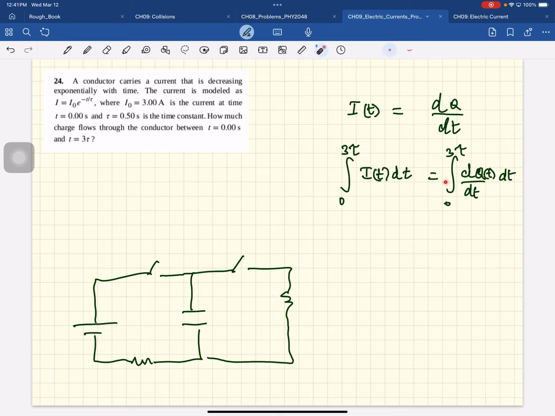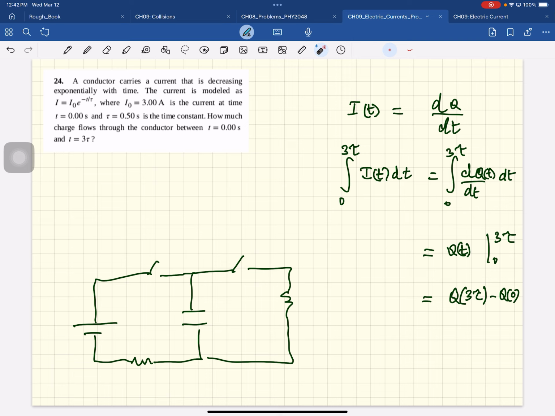An integral is an antiderivative, so this is just q(t) from 0 to 3 tau. Okay, and what this is, is q at 3 tau minus q at 0. What this is telling you is how much charge has flown across a point at time 0, and what is the total charge that has flown across at time 3 tau.